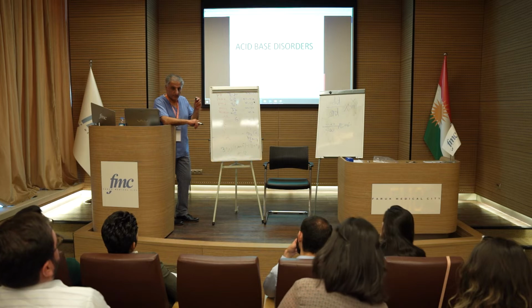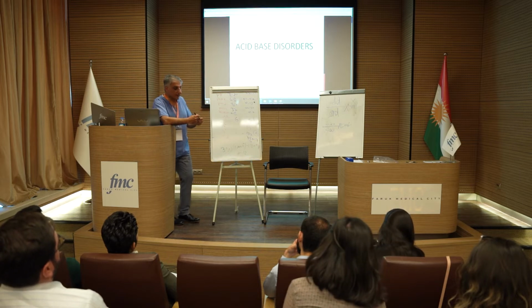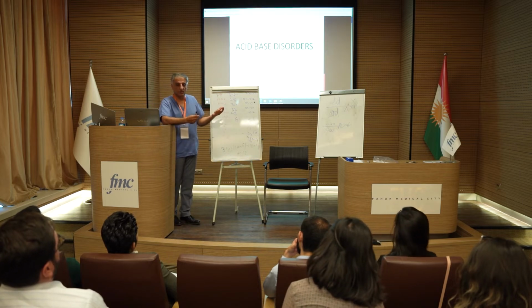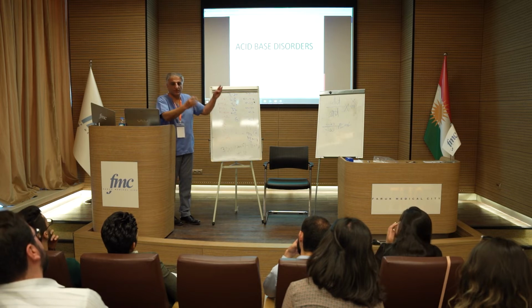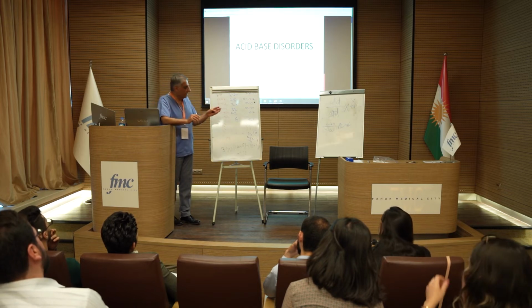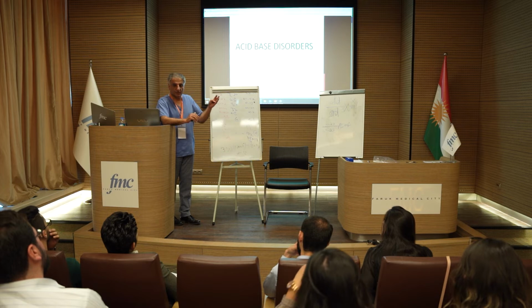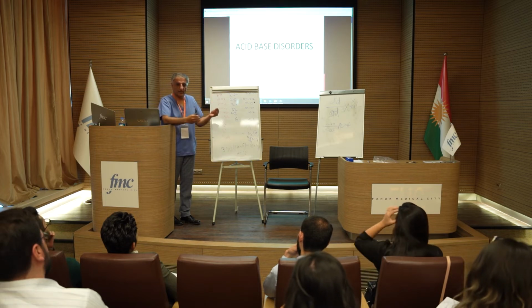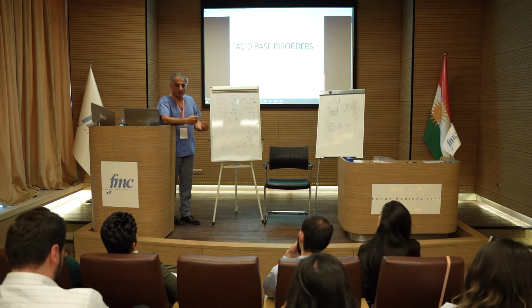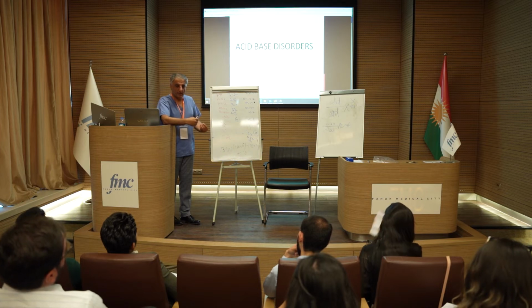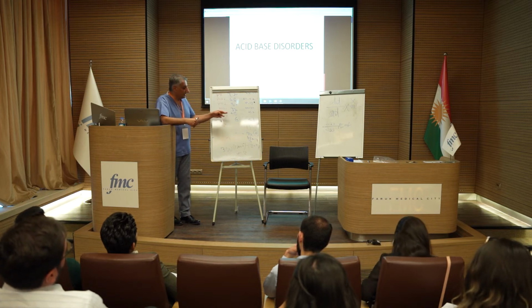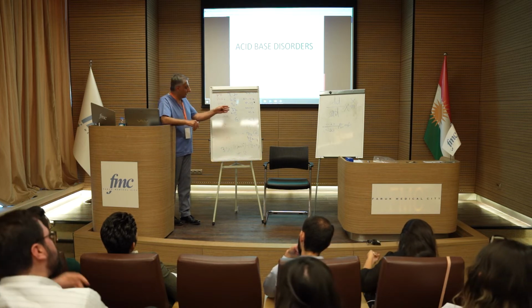So basically, this lady is used to high CO2. With high CO2, her pH was 7.3, normal, and the bicarb is 40. Now she gets an infection in her tummy. Hypoperfusion: acid accumulates and eats a lot of bicarbonate.